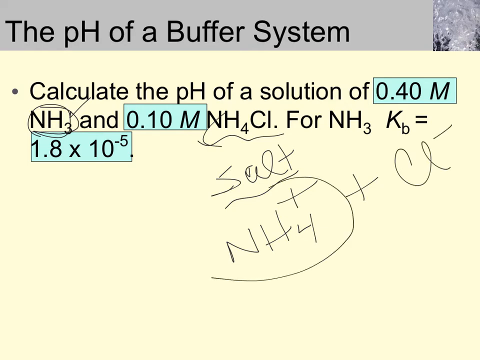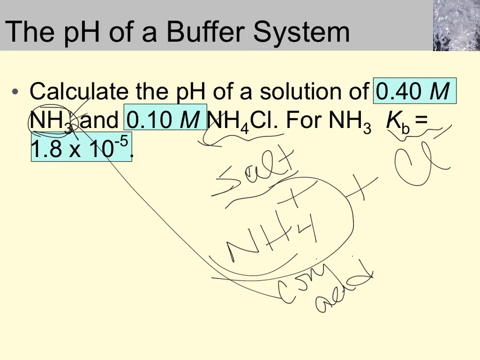And hopefully then you can recognize that this cation is in fact the conjugate acid of the weak base, ammonia. And so again, you're looking at a buffer system. You need Henderson-Hasselbalch, and at this point, it is plug and chug.